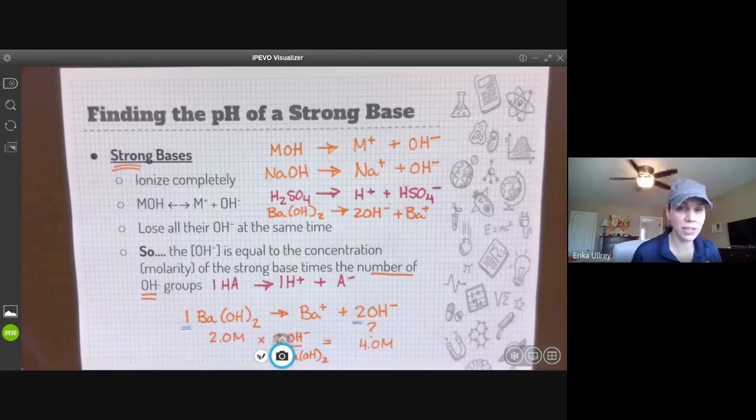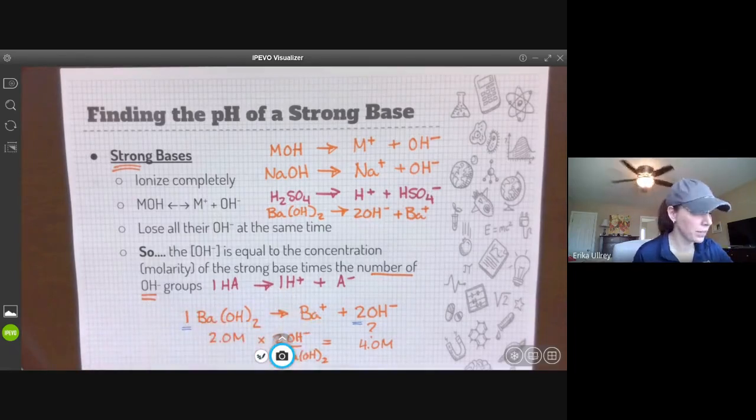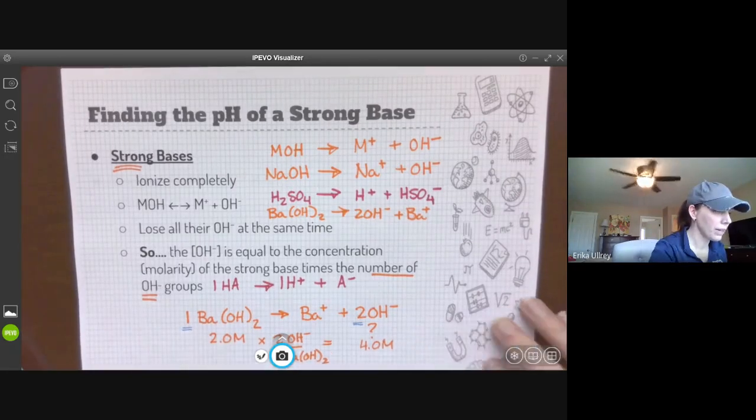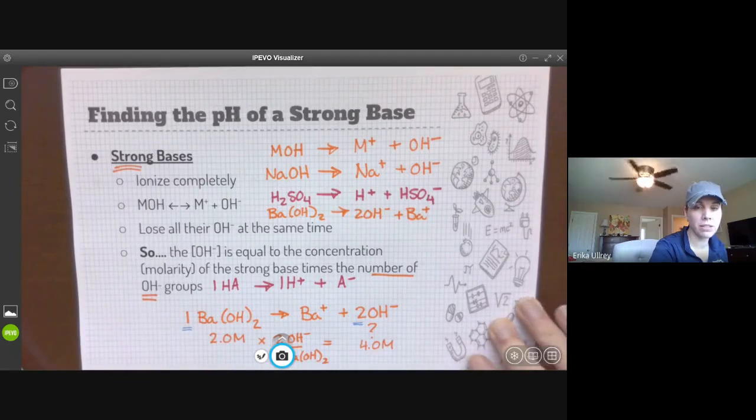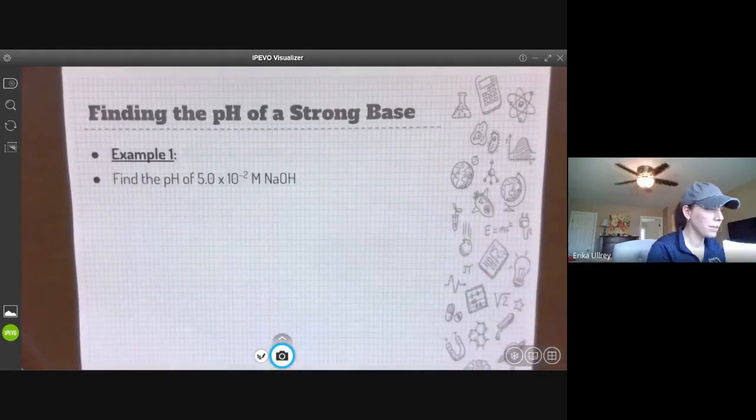That never happens with acids. Acids are always a 1-to-1, because they just lose 1 hydrogen ion at a time, whereas bases lose all their hydroxides all at once. Anybody need another minute with this? Cool. All right, so here's an example.